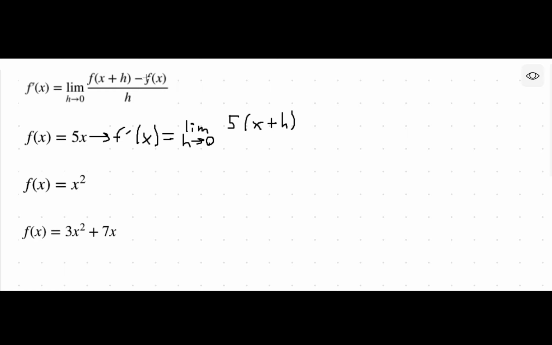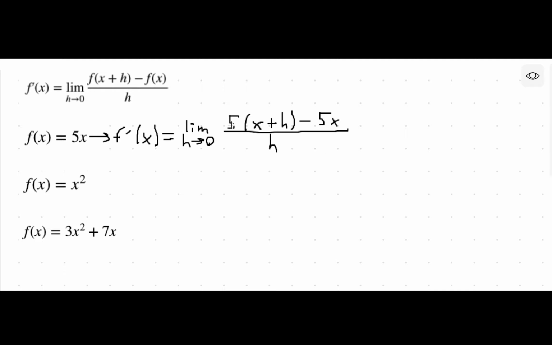Then we just have to subtract the original function, so we subtract 5x. And now we're just dividing by h. Now we can simplify the numerator here.